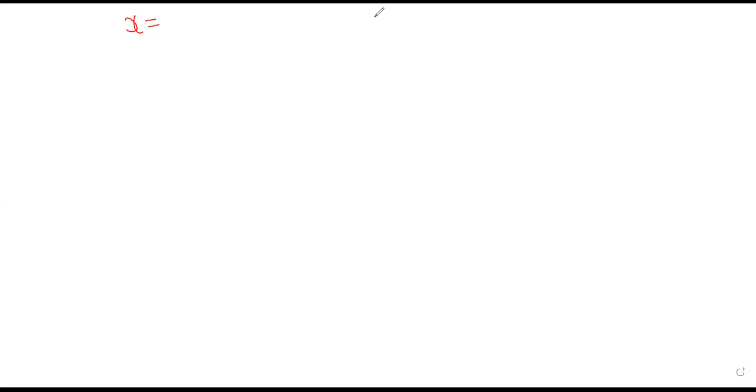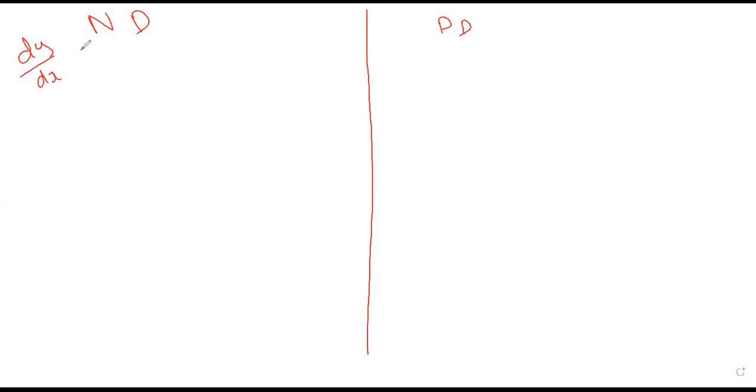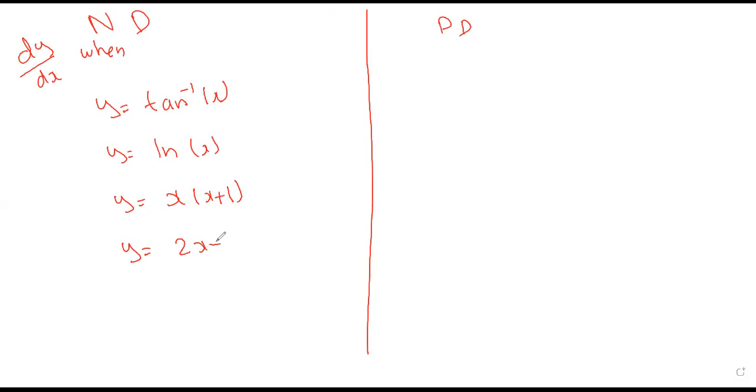Let me just draw one. This is normal differentiation. This is parametric differentiation. We have been talking about normal differentiation. So what was the question type? Find dy by dx when y is either tan inverse of x, or y was ln x, or x into x plus 1 where we had to use the product rule, or maybe 2x plus 1 divided by x plus 1 square.